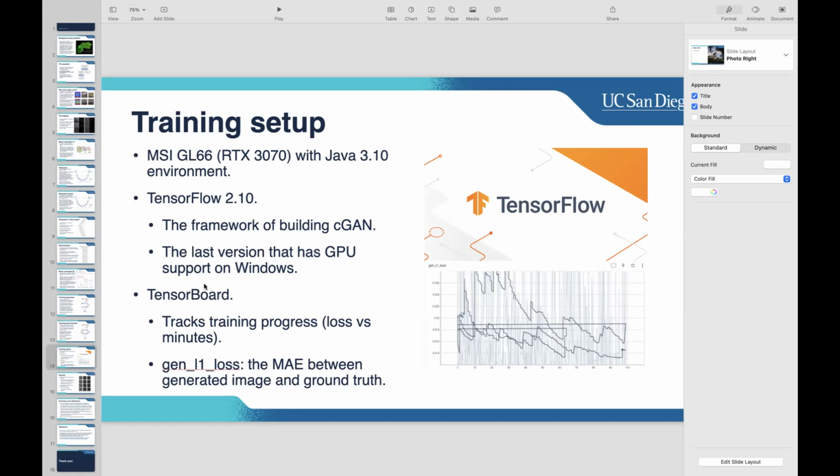Yeah, and so TensorFlow is a framework to construct all of this kind of neural networks. And it also includes an important function called TensorBoard. So it tracks the training progress, the loss versus minutes.